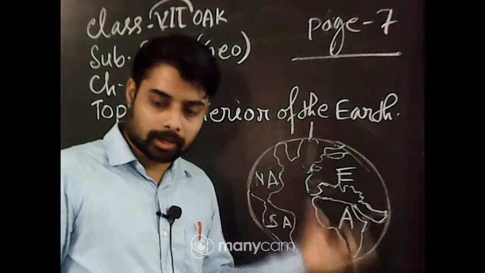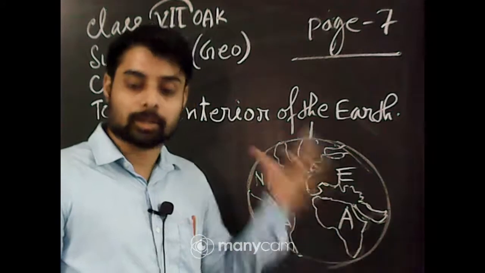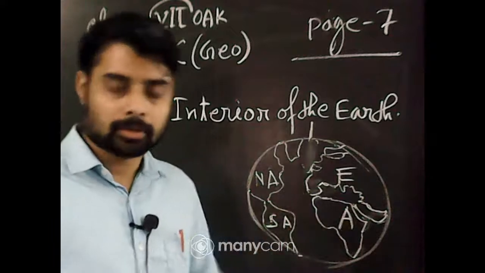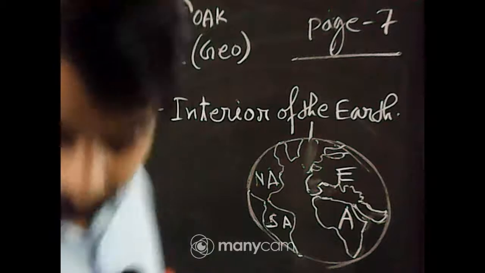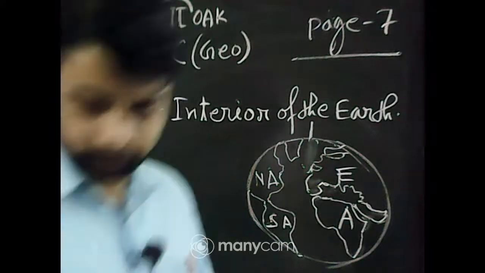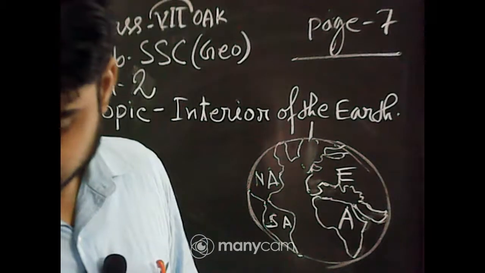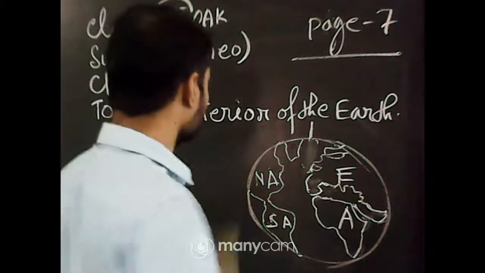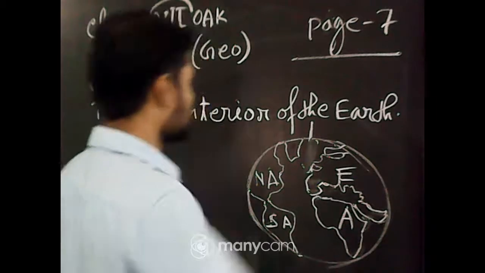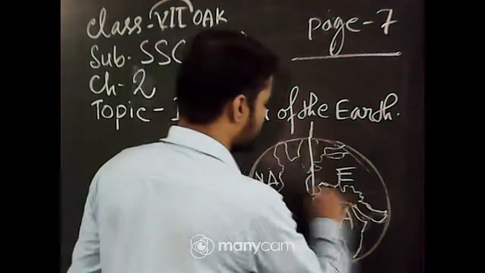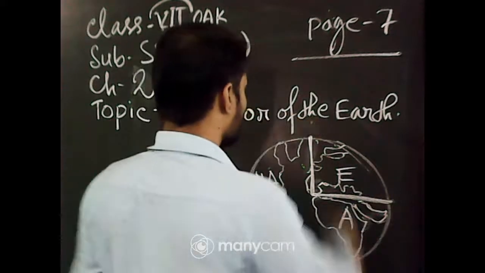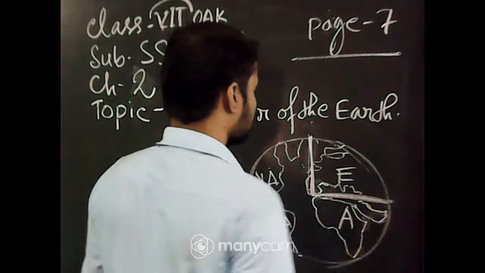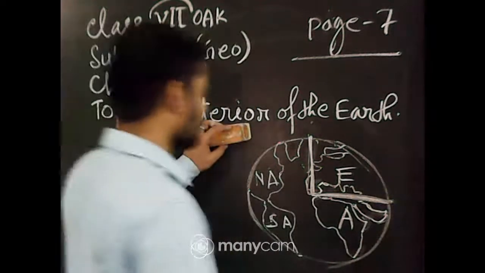Now, with a picture we will describe what the layers inside our earth are. Okay, so if we cut a portion of the earth like a watermelon, then what do we find?